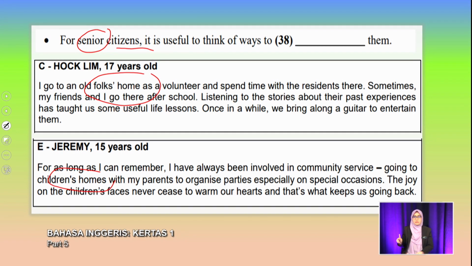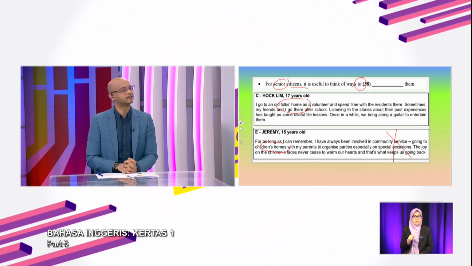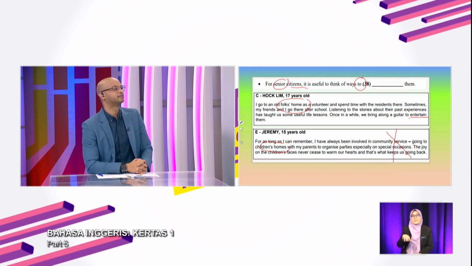No. So your answer will be in paragraph C. For senior citizens, it is useful to think of ways to them. After the word to, it has to be in the base verb form. So what is the most suitable word? To teach? Oh, to entertain.